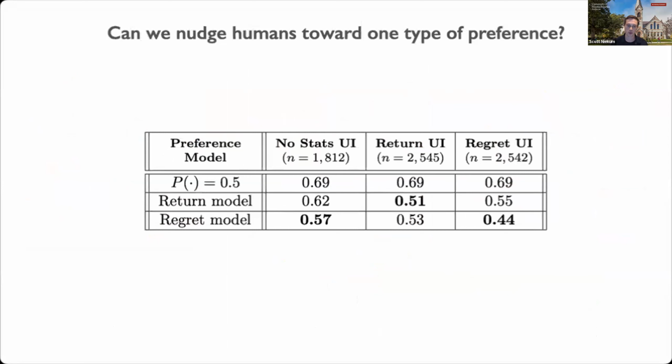When we showed them the return-based UI, return better explained their preferences than regret. When we showed them the regret-based UI, regret won as before, and it won even more strongly than when we showed them no information at all. So we don't have to rely on perfectly modeling people's ways of giving preferences. We can also use priming techniques to push them toward certain interpretations, which is nice.